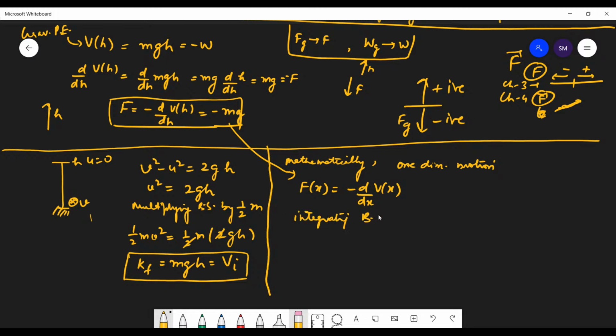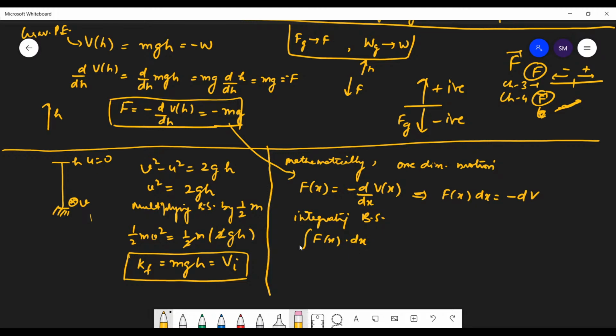So integrating both sides, I get, so this is F(x). So F(x) dx is equals to minus dV. Okay, so integrating both sides with respect to x.